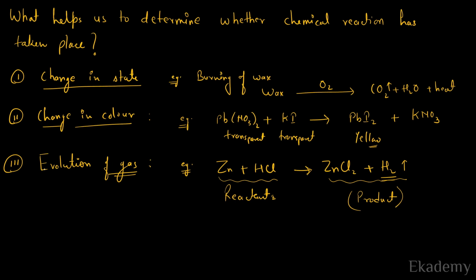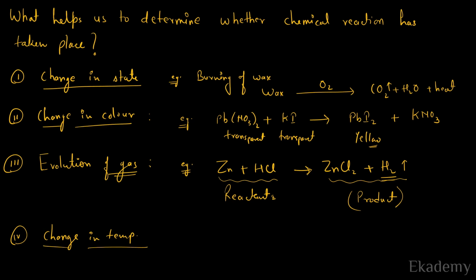Now there are several other parameters also which we can use to determine whether a chemical reaction has taken place. The next parameter is change in temperature. If during reaction the temperature of the reaction mixture increases or decreases, then we can say that something is happening inside that reaction mixture.